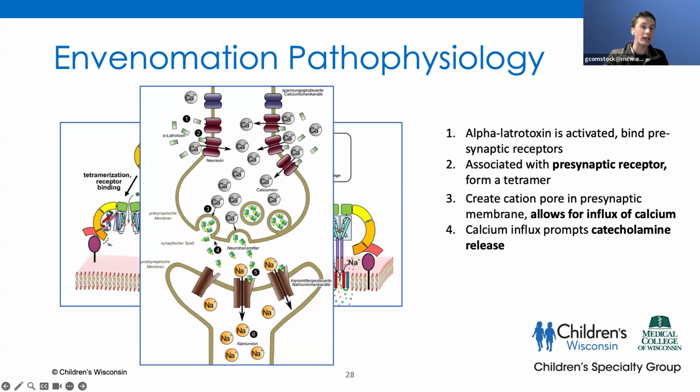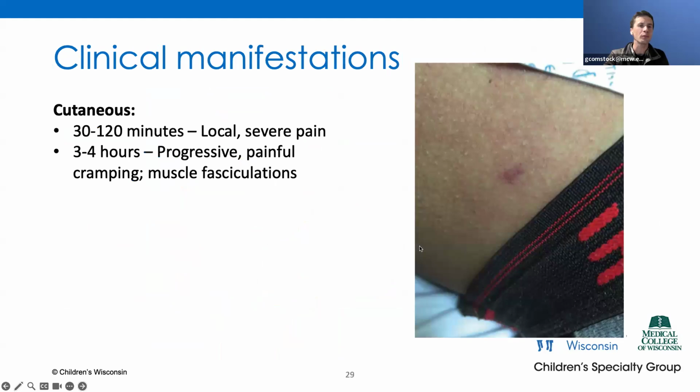And so if you're at a catecholinergic neuron junction, what ultimately you can have is this influx of calcium leading to the release of a lot of catecholamines, so epinephrine, norepinephrine, etc. And so the short of this is that alpha latrotoxin is responsible for the non-specific release of catecholamines in a local setting, so in the area around that wound.